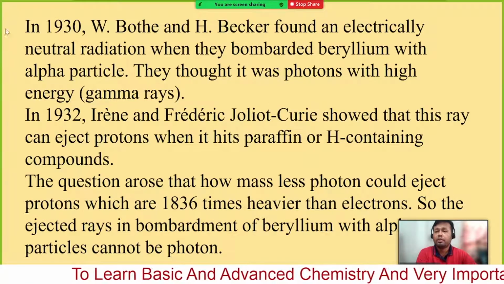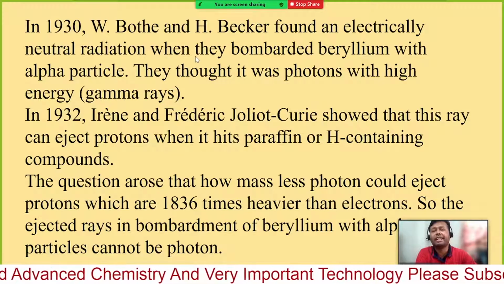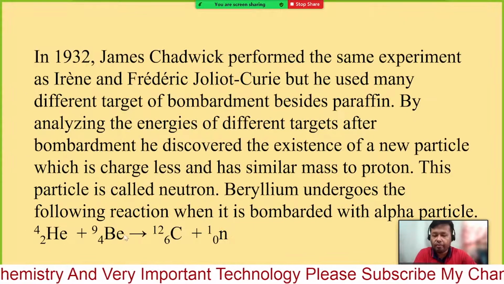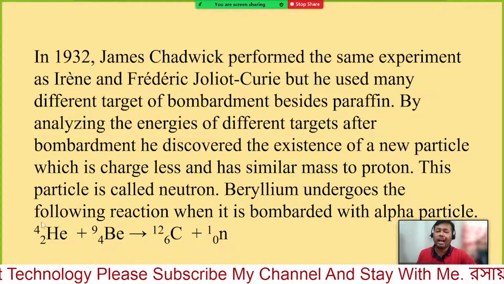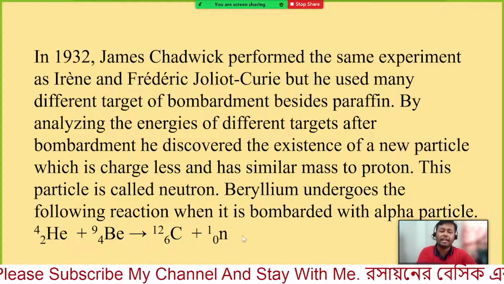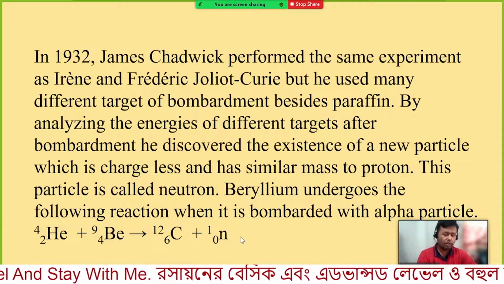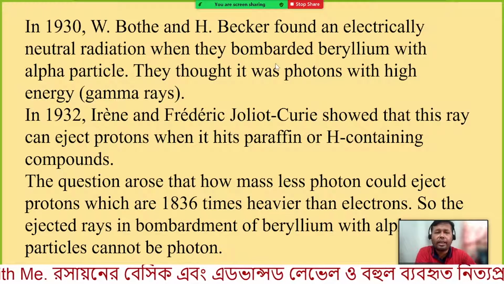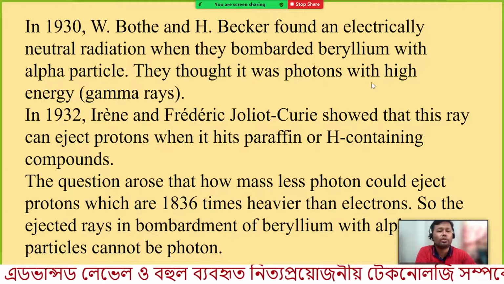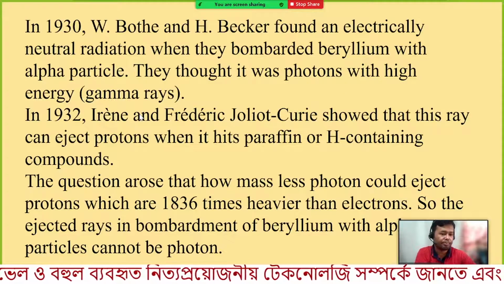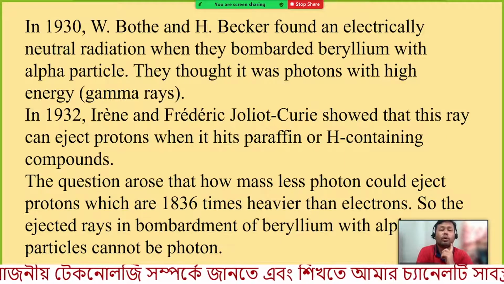So in 1930, W. Bothe and H. Becker found an electrically neutral radiation. When they hit the beryllium atom with alpha particles, they realized there was a neutral radiation. They thought it was photons with high energy, but they could not give the proper idea.